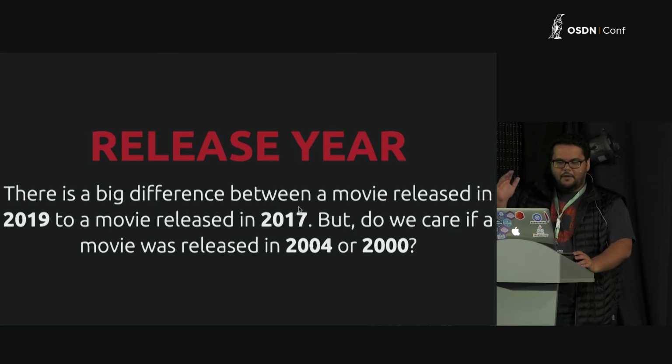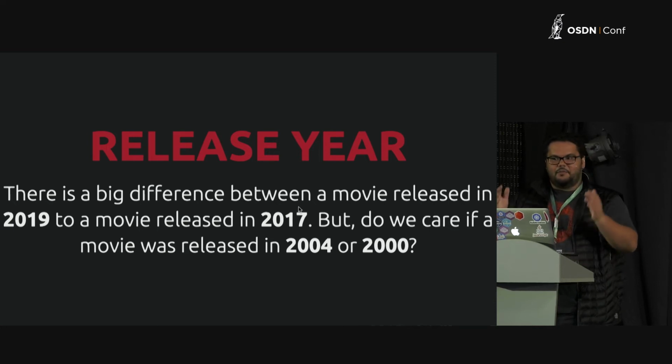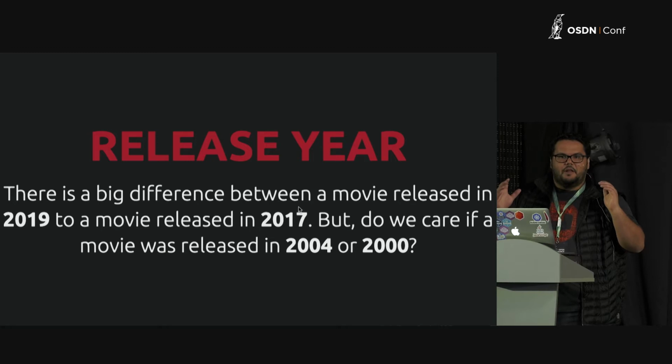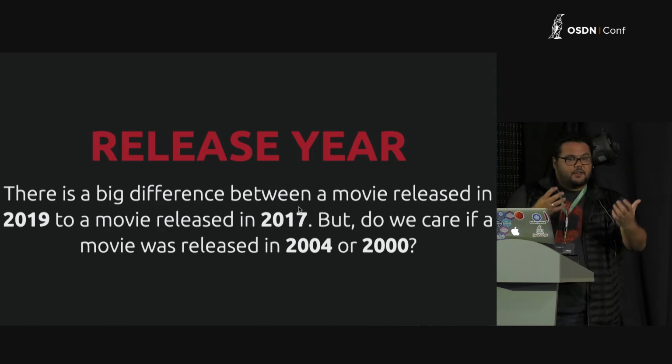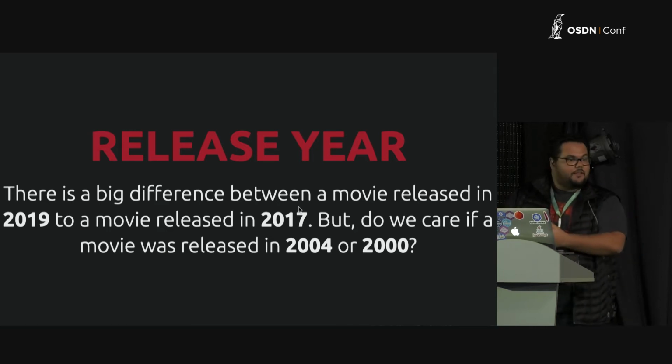But if the movie is from 2004 or 2000, I basically don't care that much. So I can simply boost by the year. I have some different relationship here, right? If the movie is from 2019, I really care a lot, and I want to show this movie first. But it kind of doesn't make a difference if the movie is from 2000 or 2004.